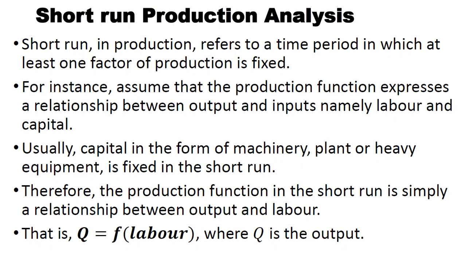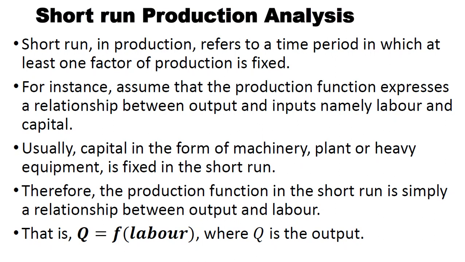The reality of life is that at any given point in time, if you go to any production area, some factors of production are fixed while others are variable. Generally, it is the capital goods that are fixed while the labor and other raw materials vary.